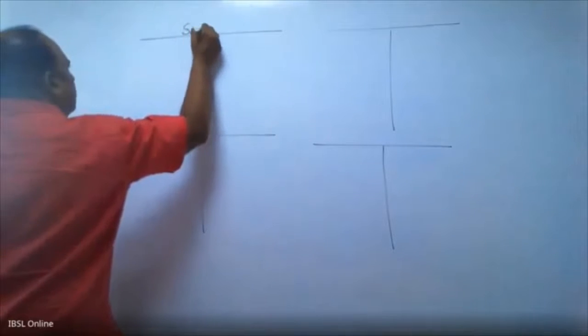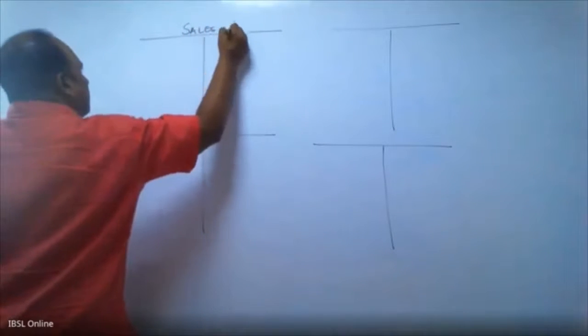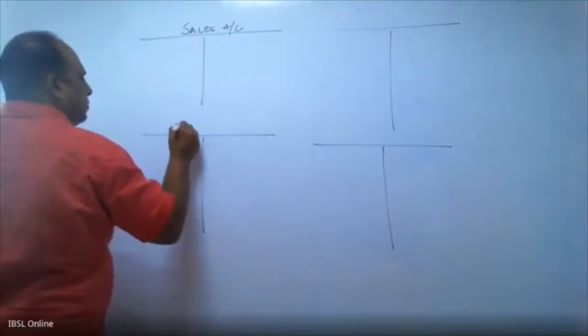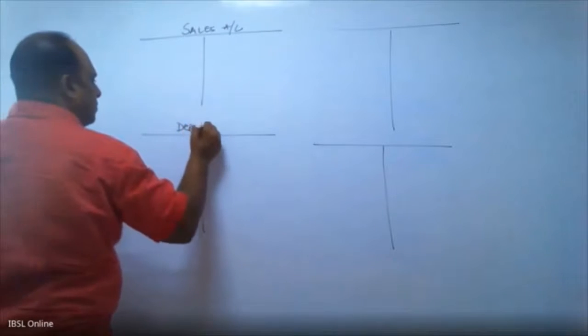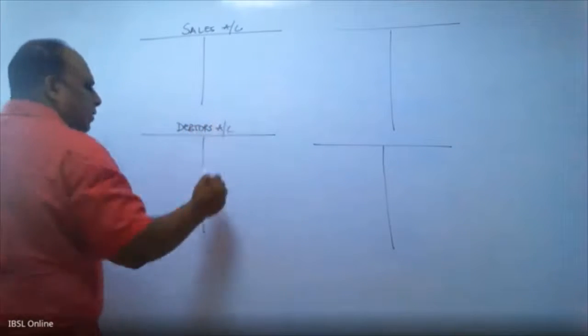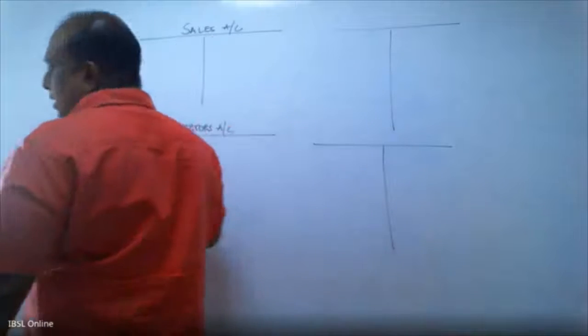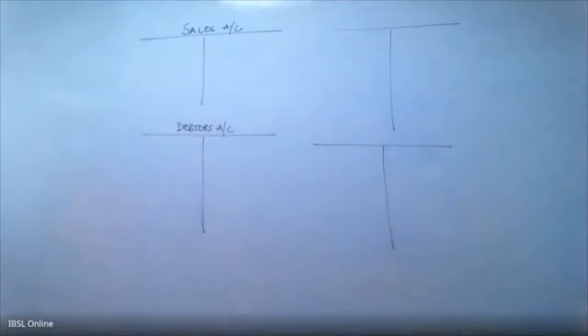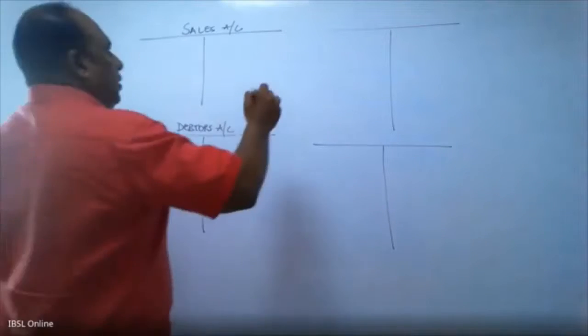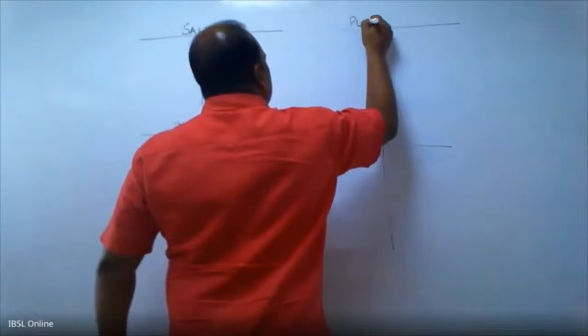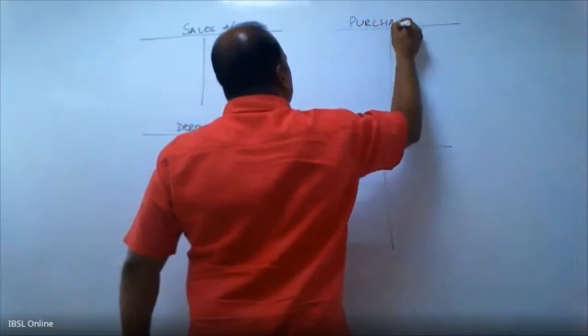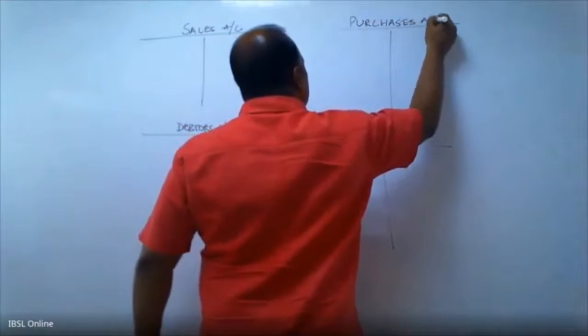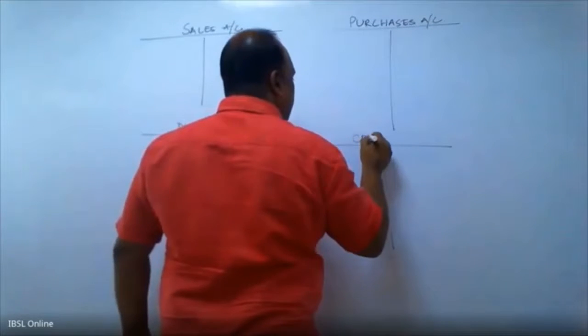So we have the sales account, we have the debtors, then we have the purchases account and the creditors account.